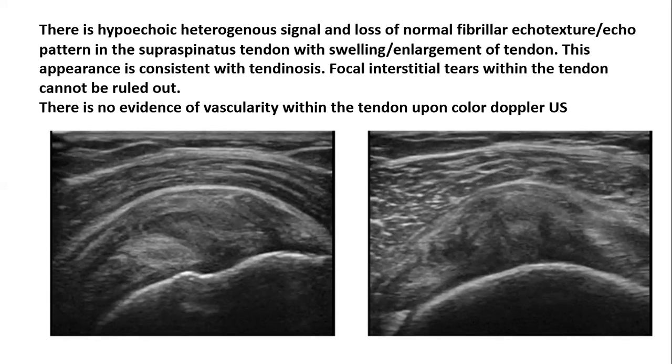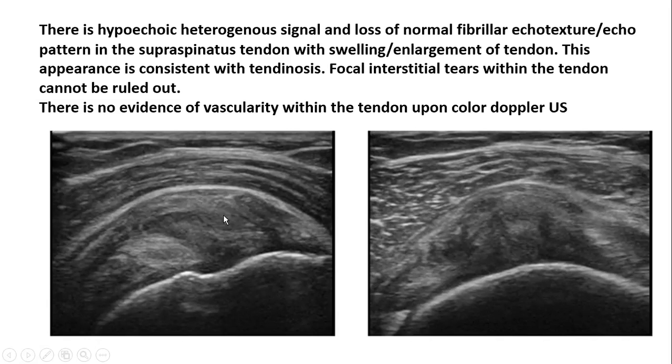But when you put the color Doppler here, you will see the evidence of neoangiogenesis, or whether the tendon is trying to heal itself, which you see in tendinopathy. It can be tendinosis without tendinopathy. So you just have to mention whether you see that physiological information with color Doppler or not.